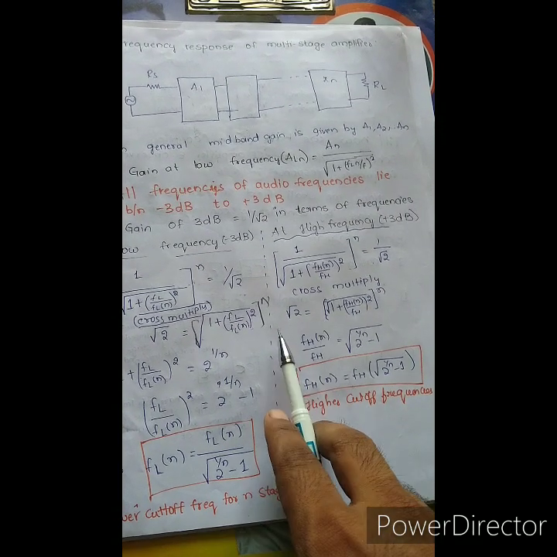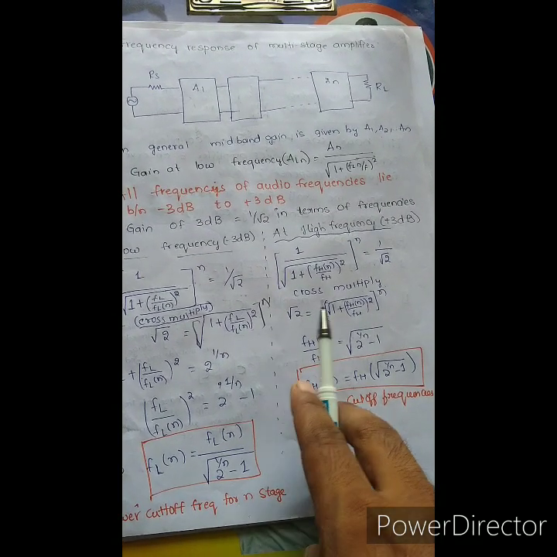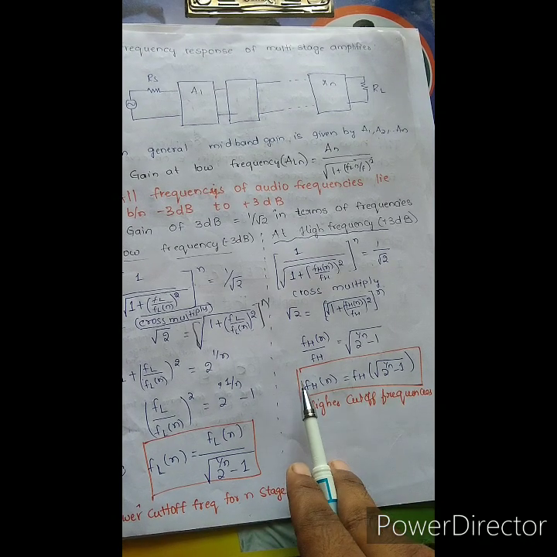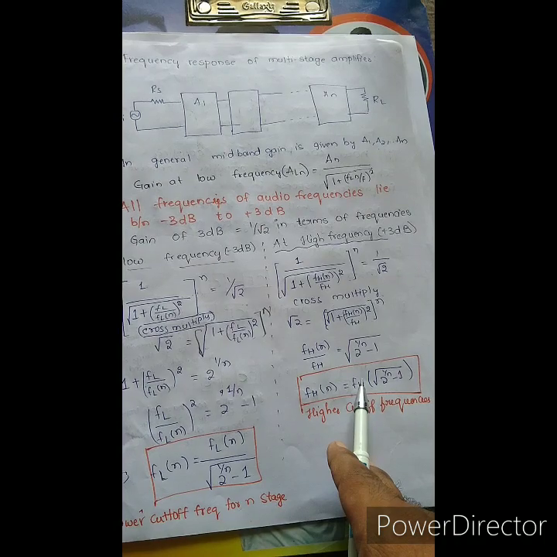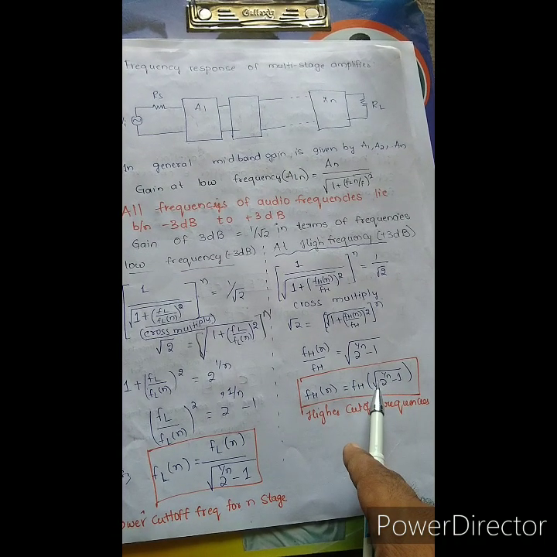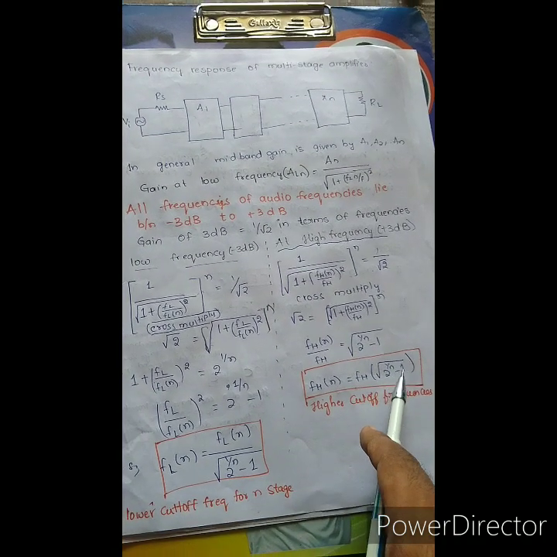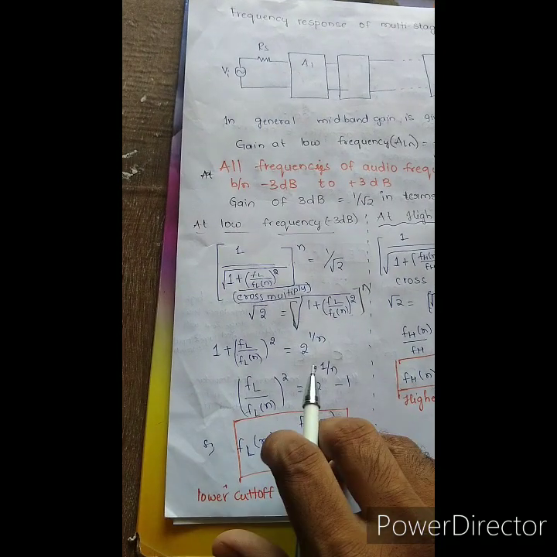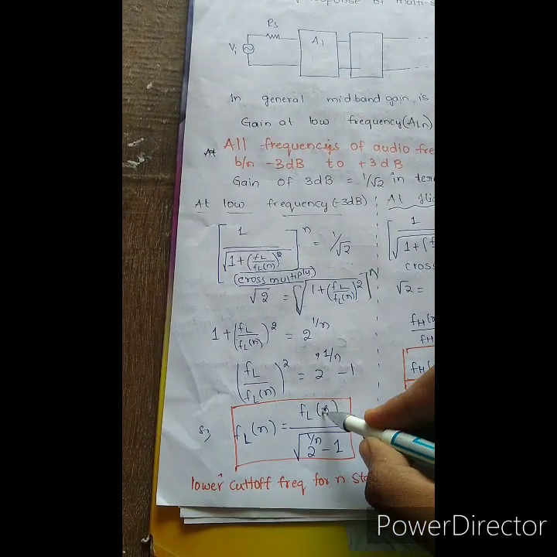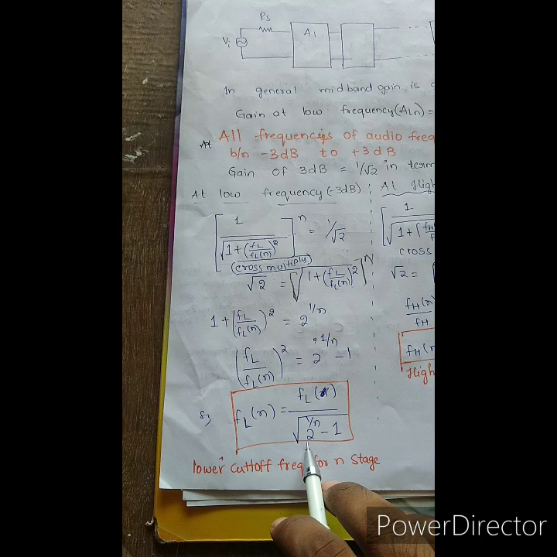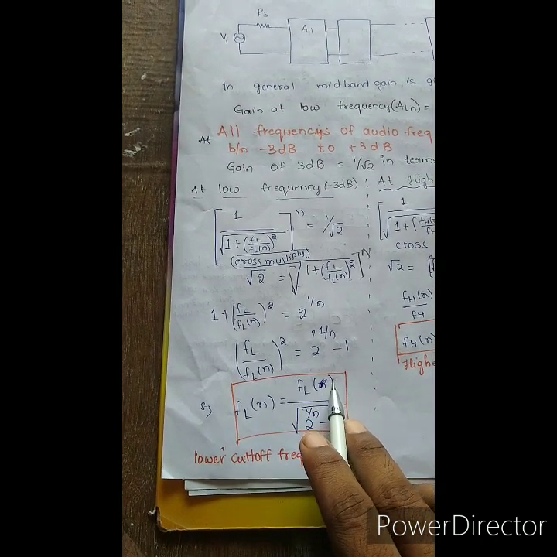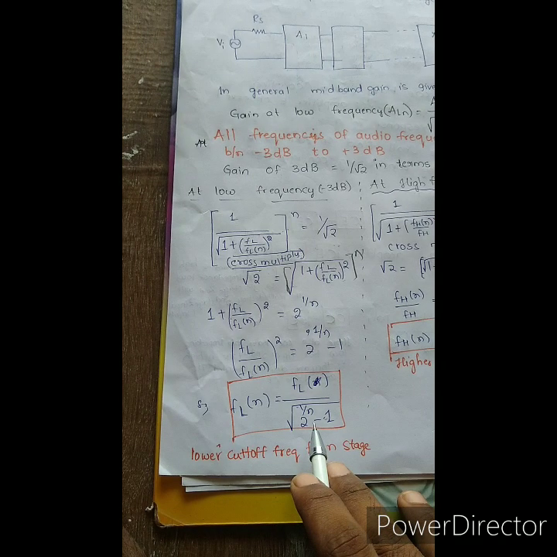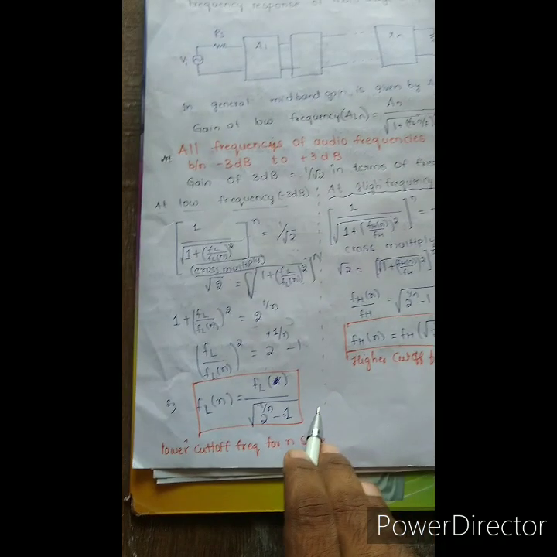If the square root is shifted to this side, n is shifted, and we get FHn equal to the single stage higher cutoff frequency into under root 2 power 1 by n minus 1. Here also FL, friends, the lower cutoff frequency of n amplifiers is equal to the lower cutoff frequency of one amplifier by under root 2 power 1 by n minus 1.